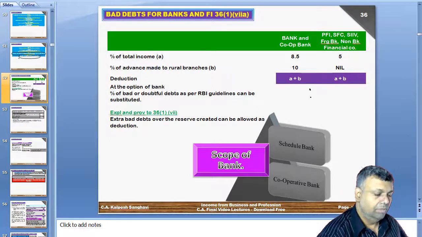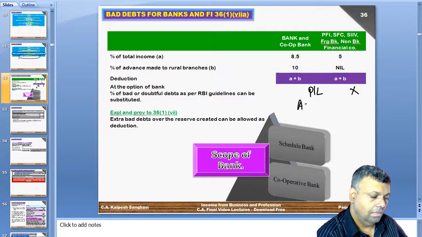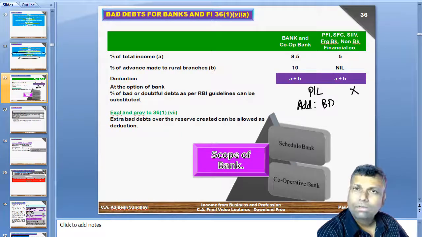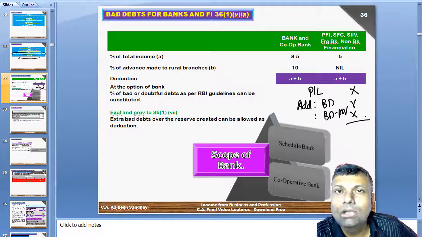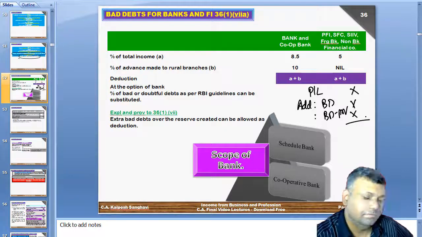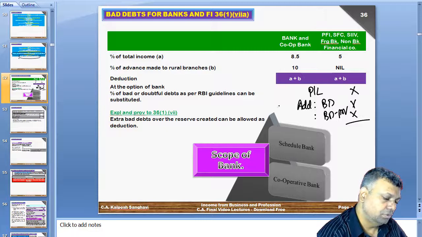See, you will say profit as per P&L X amount. Add all the provision or bad debts, whatever as per the books. So bad debts or bad debts provision, everything as per the books we will add, just like book depreciation. This is all as per the books.